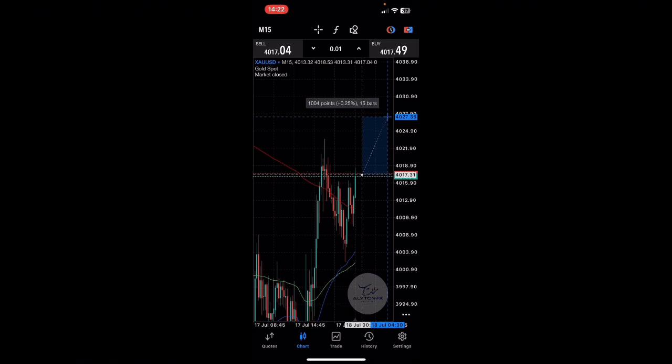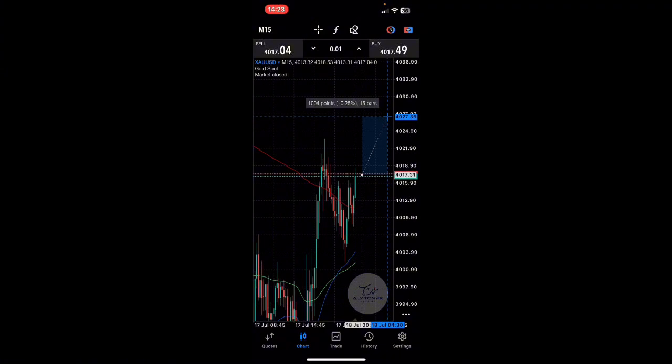From 4018 to 4019 is 20 pips. From 4019 to 4020 is 30 pips. From 4020 to 4021 is 40 pips. From 4021 to 4022 is 50 pips. So pips is calculated using the last digit before the decimal point in XAUSD.